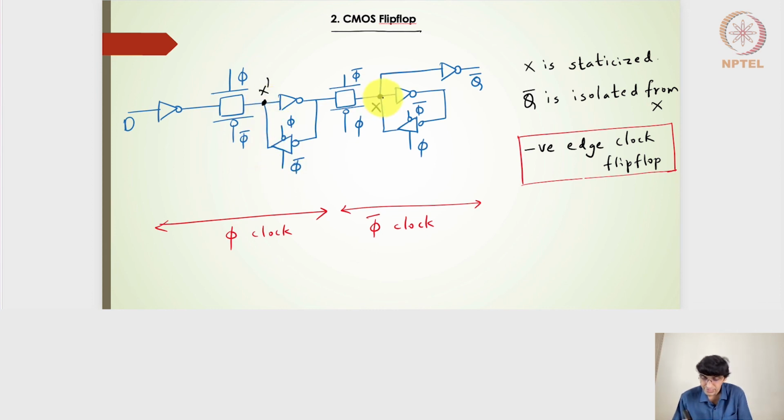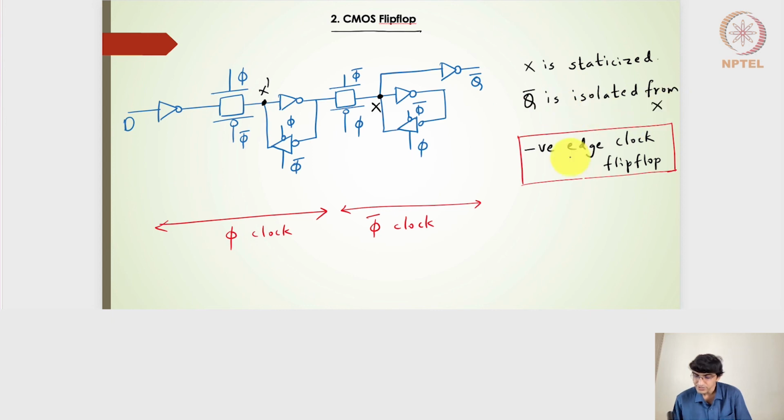So similarly on the X node also, so X is now staticized, and then of course there is the inverter at the input side and the inverter at the output side, making sure that the Q bar is isolated from X, so whatever is the output noise here doesn't get coupled into the X, and whatever is the noise at the input side doesn't get coupled into this particular path.